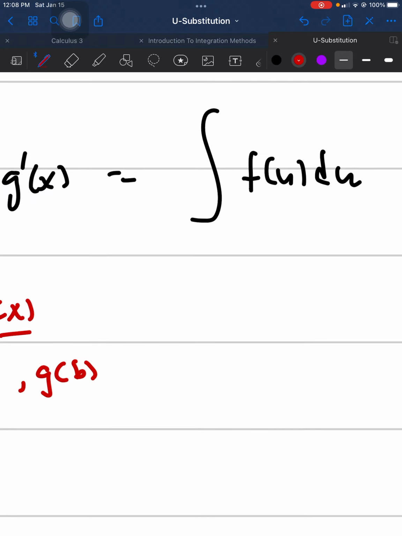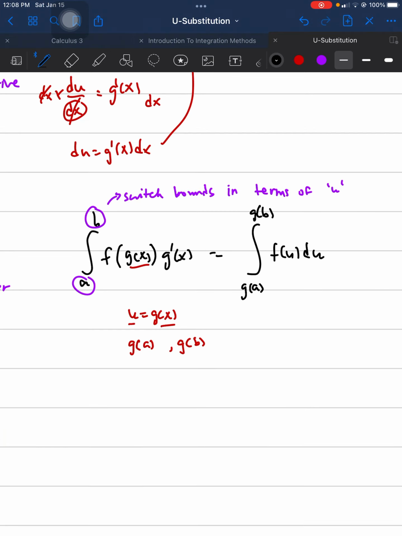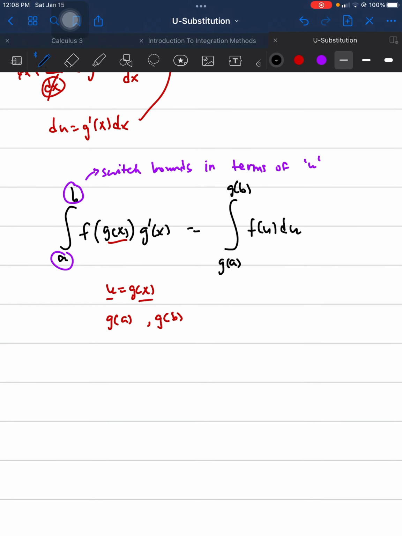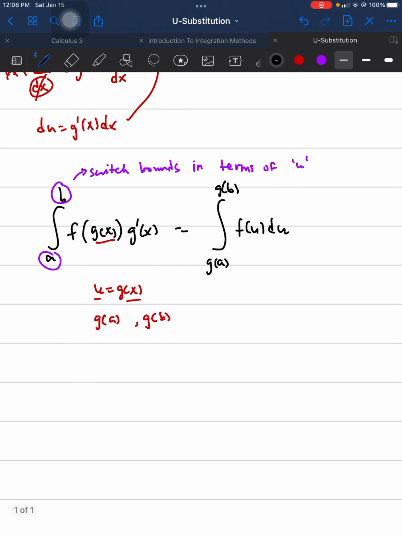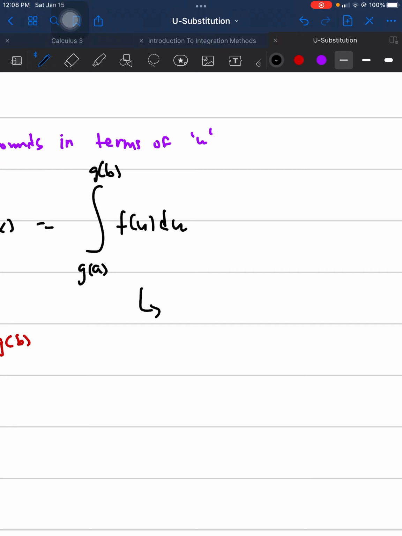So we want to do g of a, g of b, and once you do this, you can actually evaluate regularly, just like how you would solve an indefinite integral using the fundamental theorem of calculus.